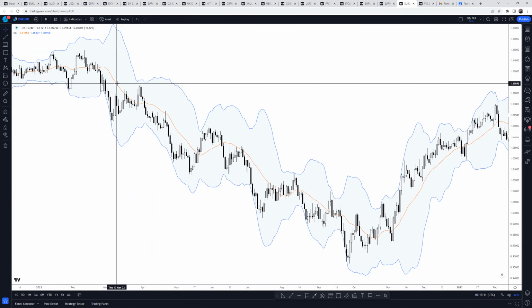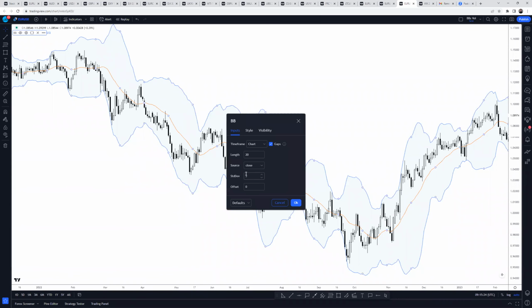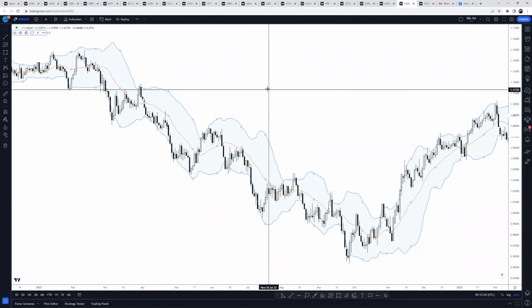So that's up to you. You'll have to backtest that to see how effective it is by switching from, say, 1 standard deviation to 2 standard deviations, or even 3 standard deviations. But for the purpose of this presentation, we will work with the 2 standard deviations, which is, as I said, the default standard deviation.